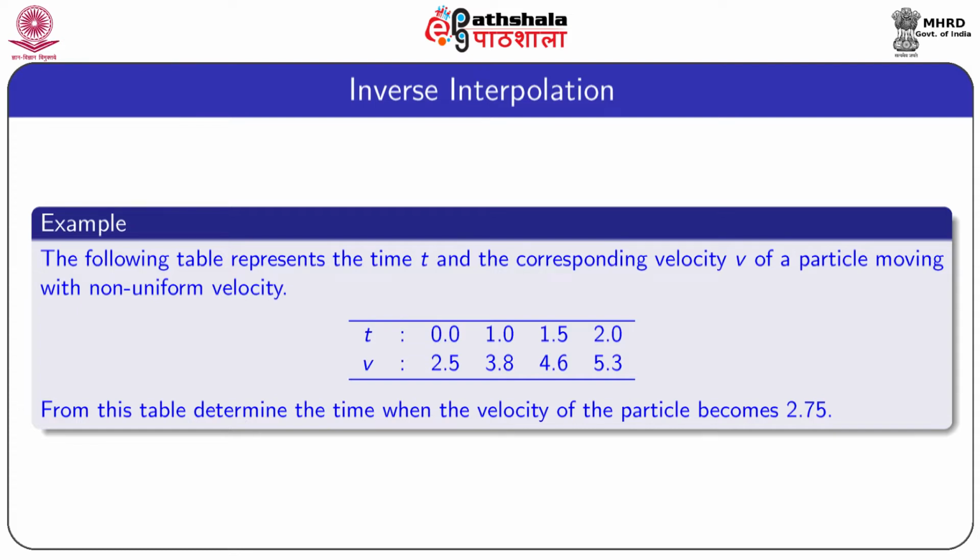In the following table, the time t and the corresponding velocity v of a particle moving with non-uniform velocity are given, and from this table we have to determine the time when the velocity of the particle becomes 2.75.